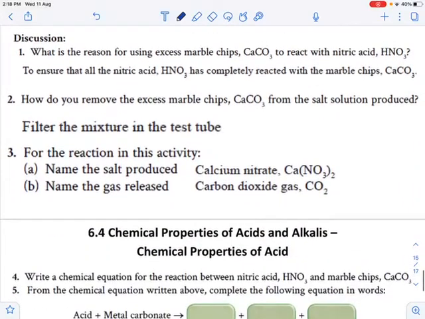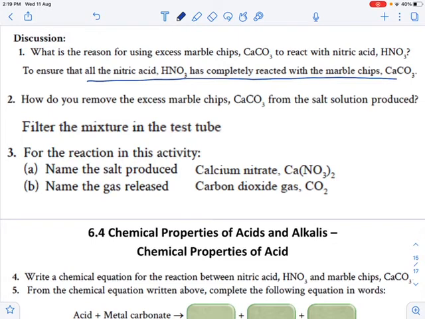Okay, look at the discussion for this experiment. What is the reason for using excess marble chips to react with nitric acid? To ensure all the nitric acid has completely reacted with marble chips. How do you remove the excess marble chips from the salt solution produced?